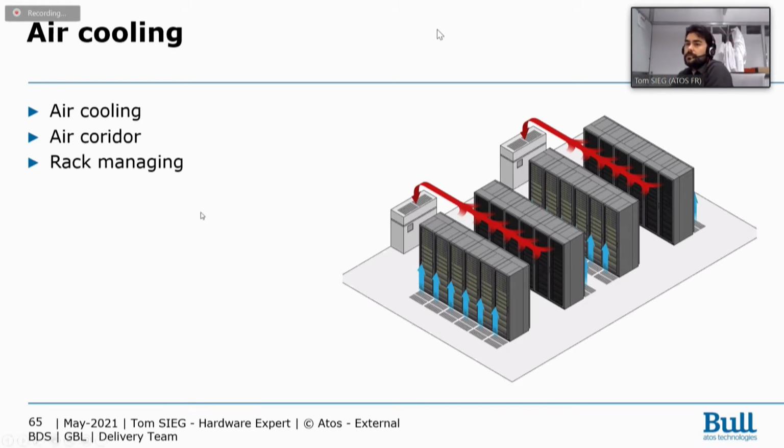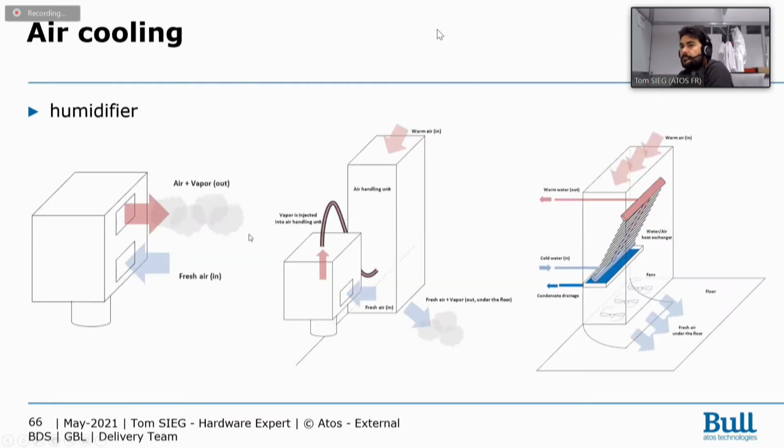So it's really easy to manage by material. The humidifier: as I said previously, the humidity coefficient is really important in the data center because it will optimize the heat exchange, and if you don't take care of it, it will damage your electronic devices.